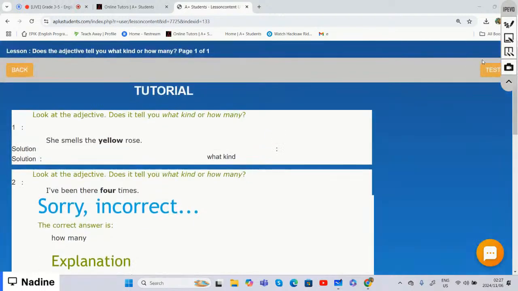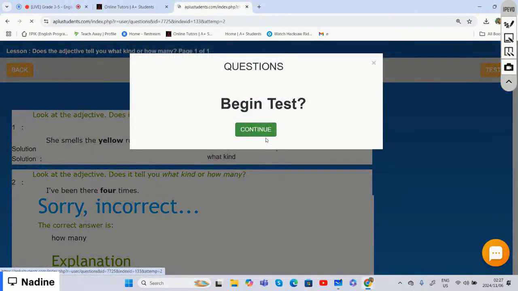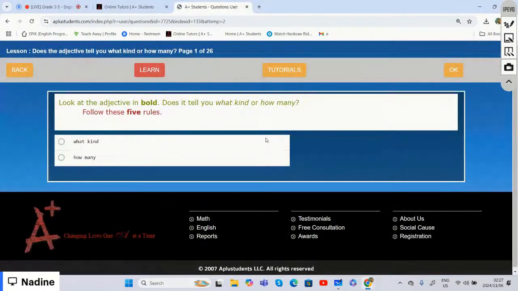All right. Now we're going on to our test where we need to say, does the adjective tell us about what kind or does it tell us about how many?